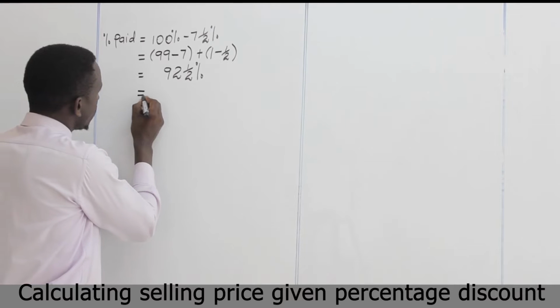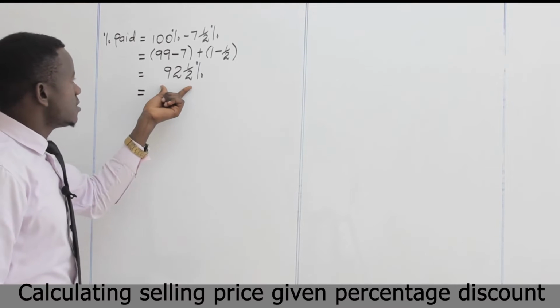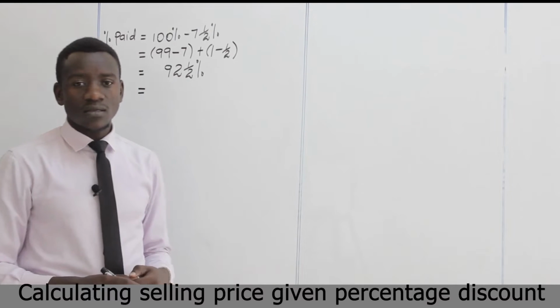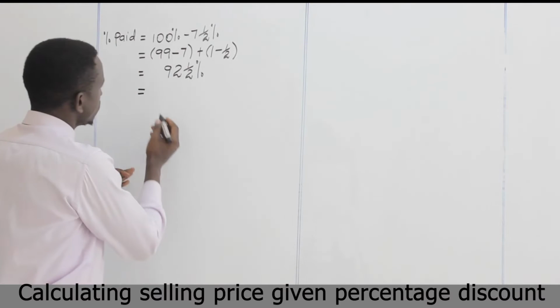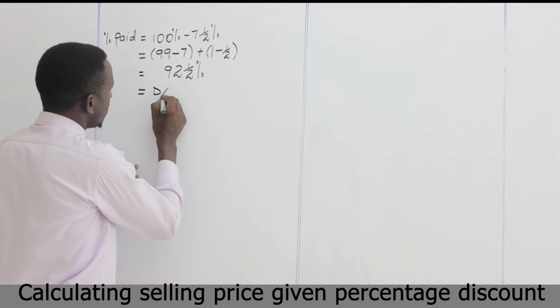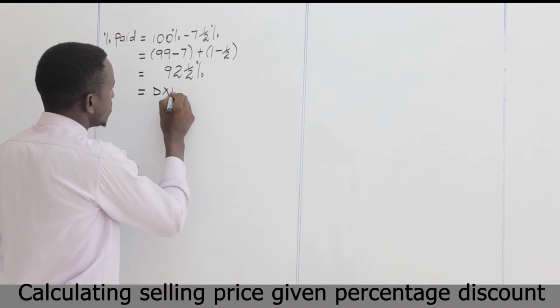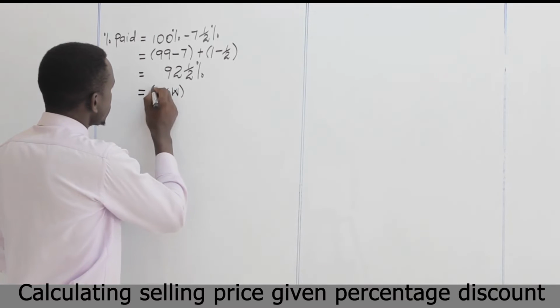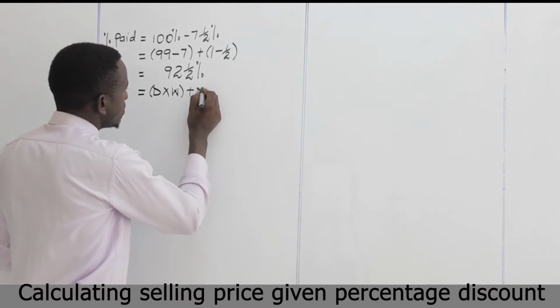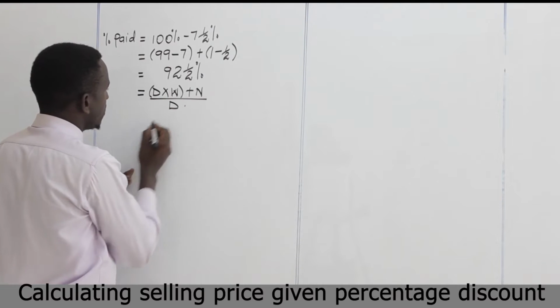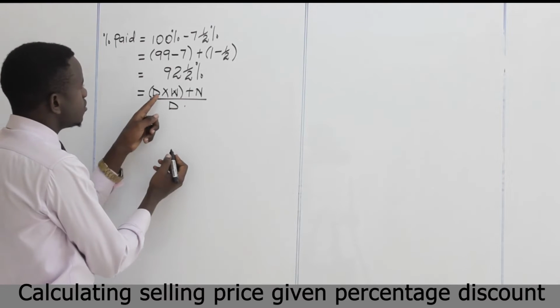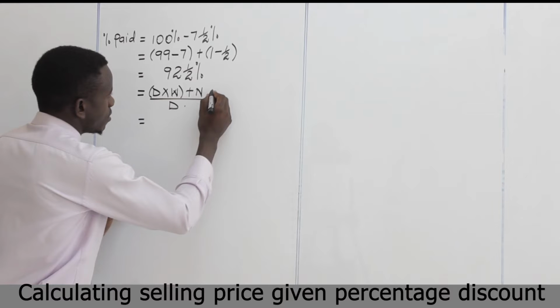So now we are going to convert this mixed fraction to an improper fraction, where we have the denominator times the whole number plus the numerator, everything divided by the denominator, where we shall have the denominator as 2.